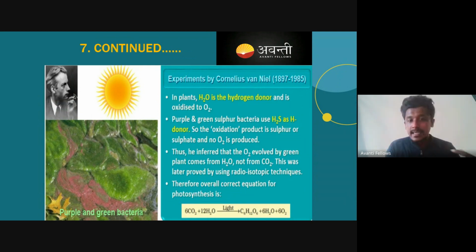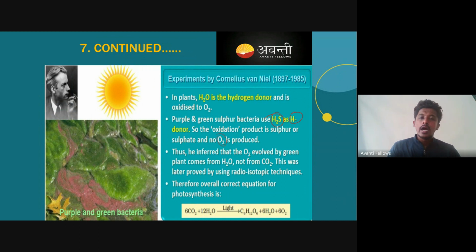So his equation showed that not all organisms use carbon dioxide, water, and sunlight for the production of energy. There are certain purple and green sulfur bacteria which use H2S, where hydrogen is used as a donor. Here they don't produce oxygen, instead they produce sulfur or sulfate, etc.